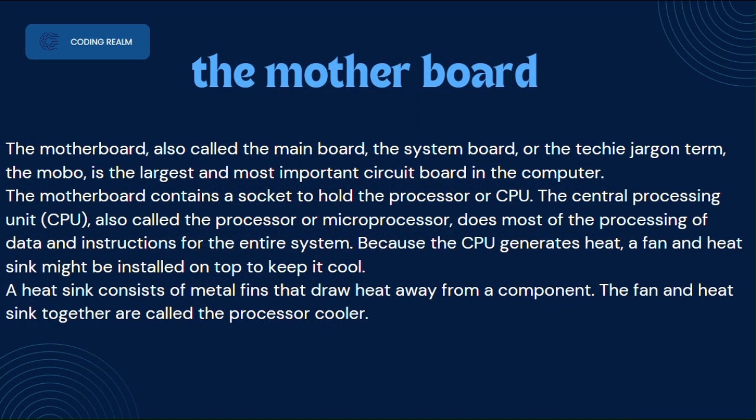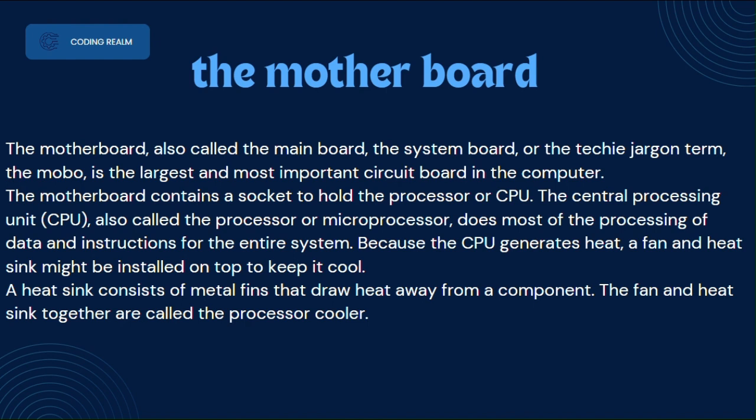Now let's talk about the motherboard. The motherboard, also called the main board, the system board, or the MOBO, is the largest and most important circuit board in the computer. The motherboard contains a socket to hold the processor or the CPU.